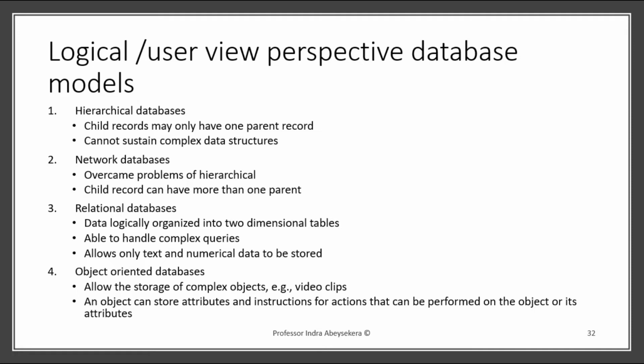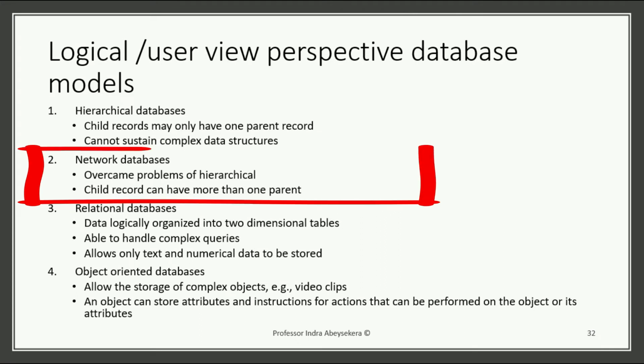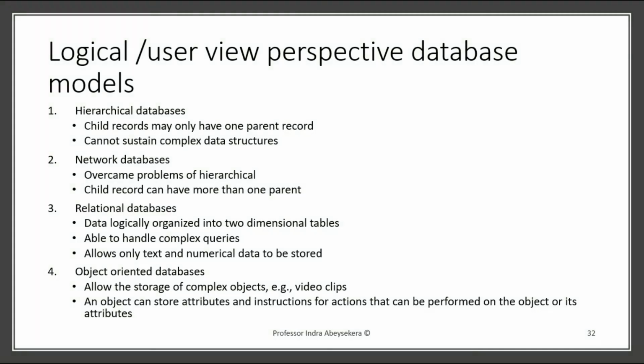In the network databases, it follows the hierarchical, but then it can have more than one node. For example, the customer could have a savings account, then term deposit account, and a loan account, and so forth. So it has kind of a network, and it overcomes the problems of the hierarchy as a result.